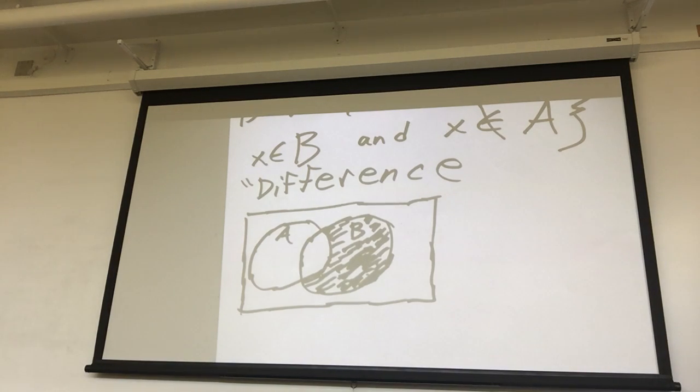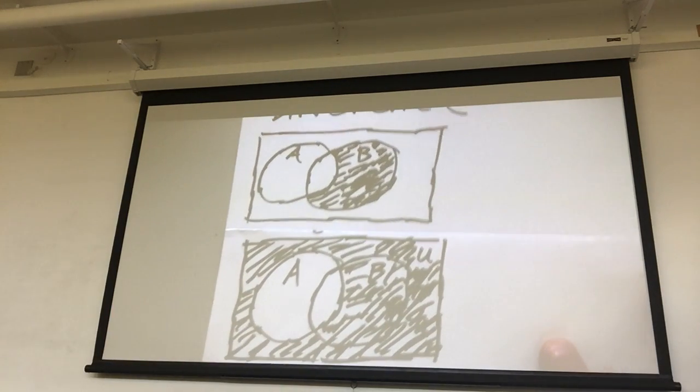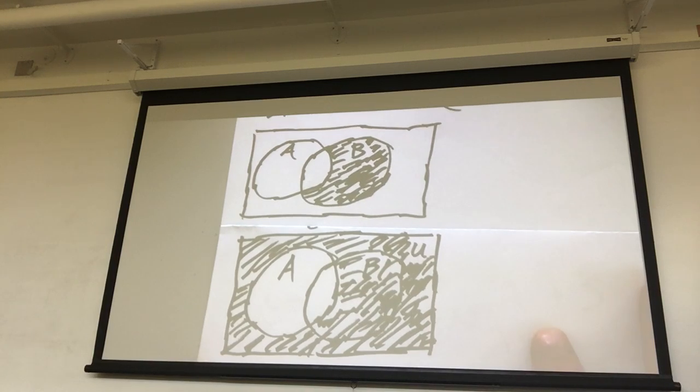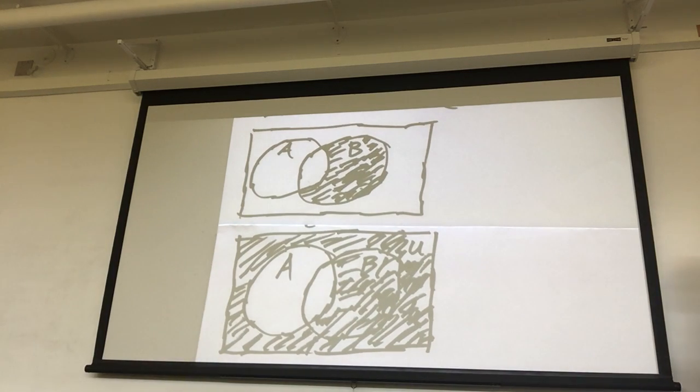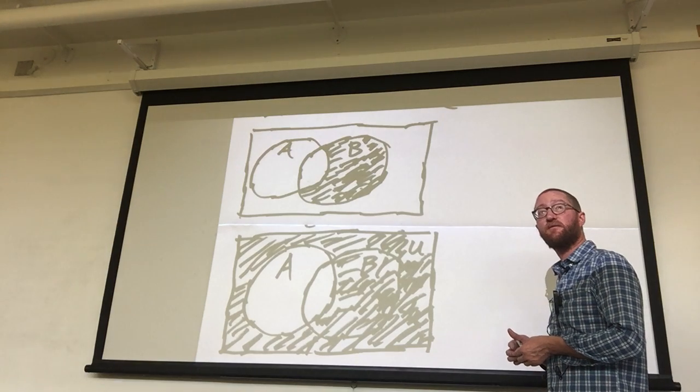Now, if we're talking about a union or an intersection, put it this way. Okay, so we have these two images right here. So what is another way to recognize what B minus A would actually be?